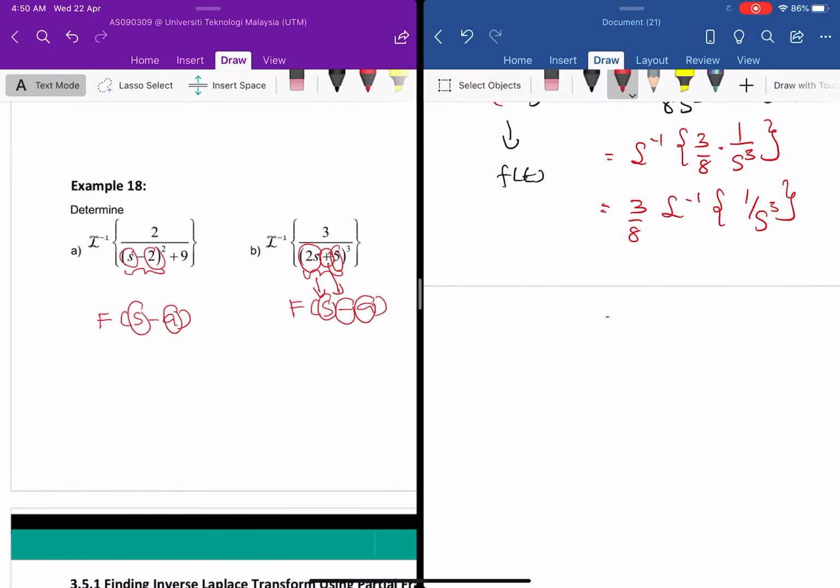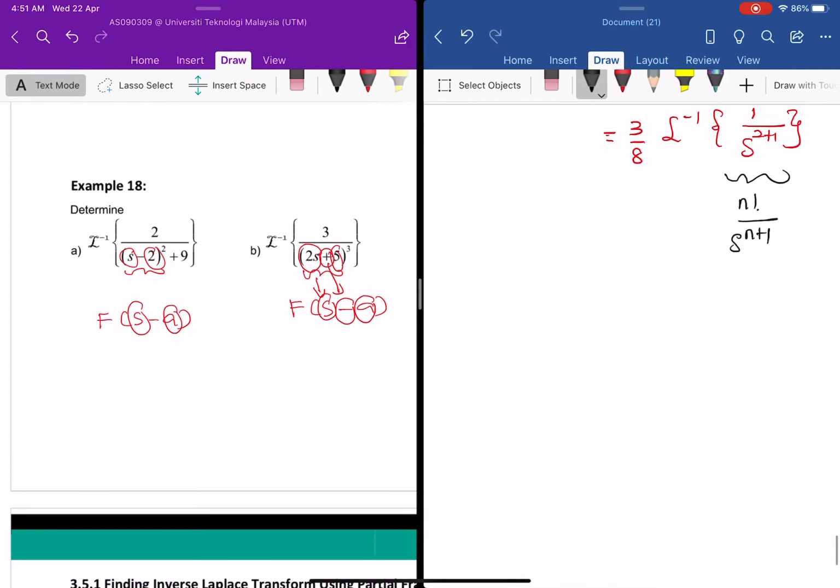So, equal to 3 over 8. Here you know that this comes from what? 1 over s to the power of 2 plus 1. This formula is n factorial over s to the power of n plus 1, right?